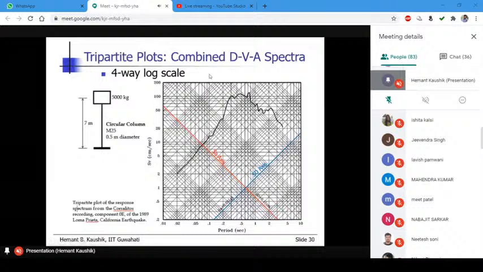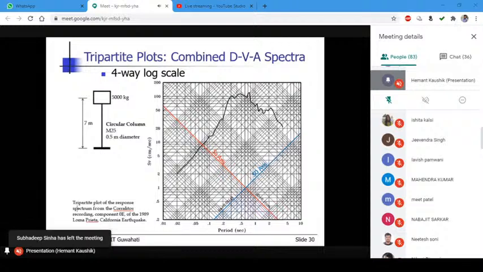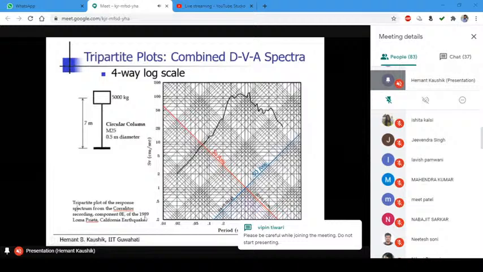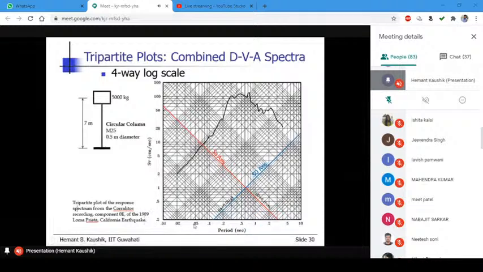And since we also are interested in the natural period, because without natural period we cannot find out the response, the scale is a four-way log scale. Let us see where these four axes are. This is the tripartite plot of the response spectrum from the 1989 Loma Prieta earthquake.